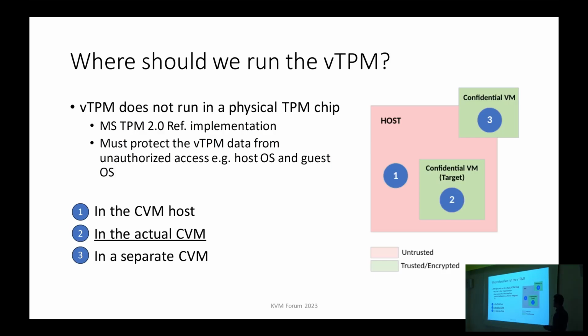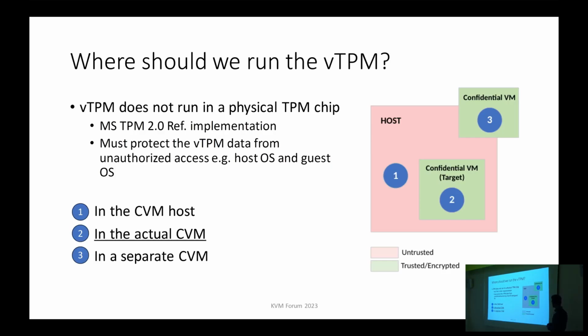It doesn't run in the TPM chip. We use the Microsoft TPM 2.0 reference. And since it doesn't run in the TPM chip, we must protect the VTPM state. We must protect the TPM data from unauthorized access, especially the hypervisor, but also from the guest OS.